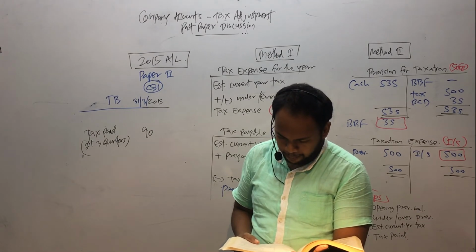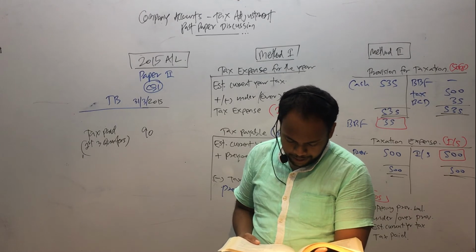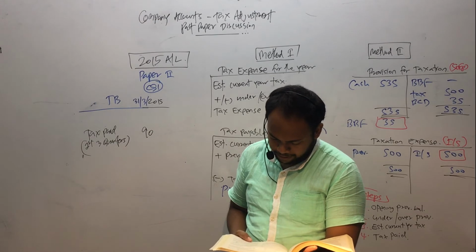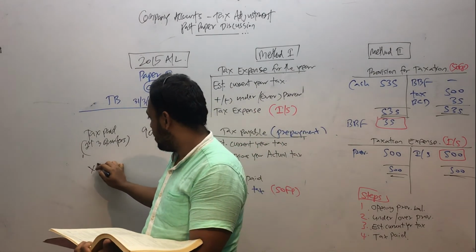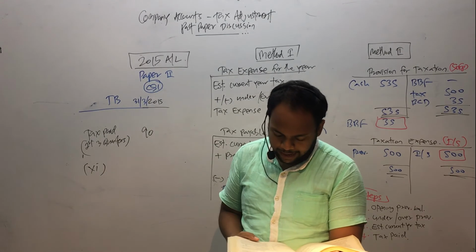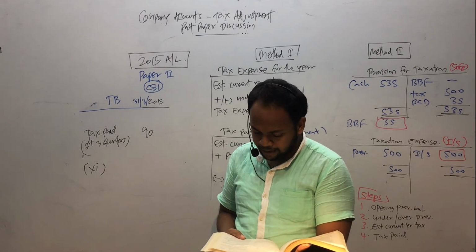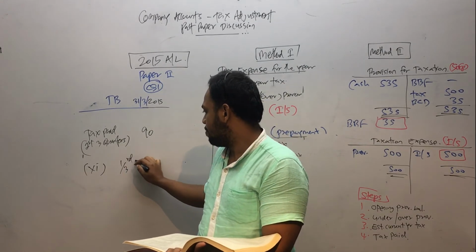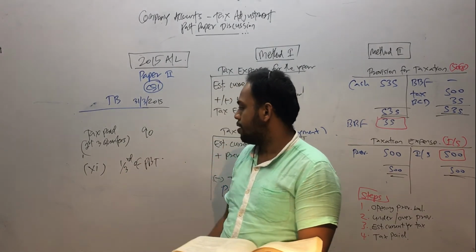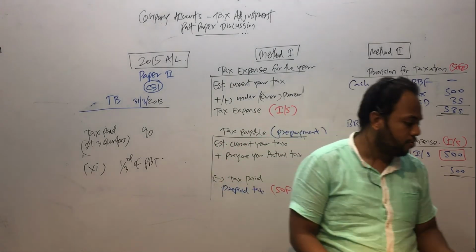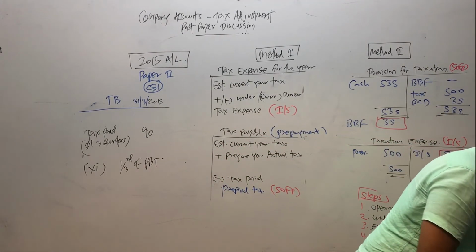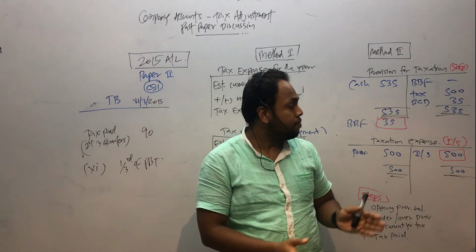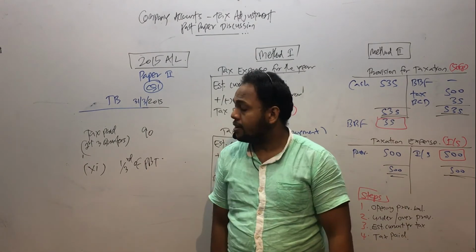Then the additional information, number 11. It has been estimated that the income tax for the current year is one third of the profit before tax. Since they have not given any opening balance or closing balance, you can use the same method that we used for 2016.